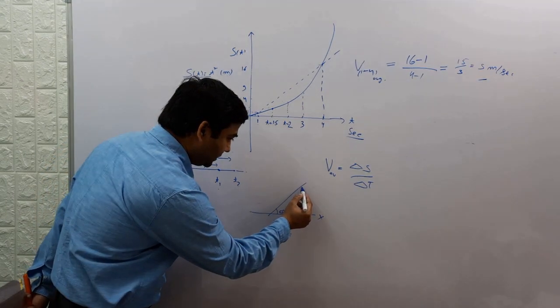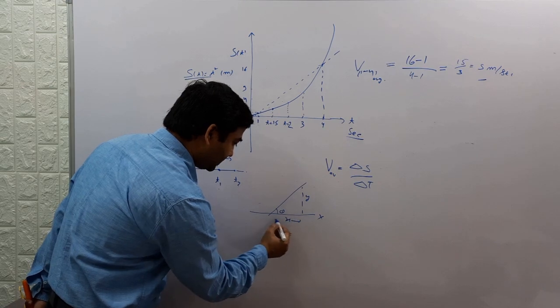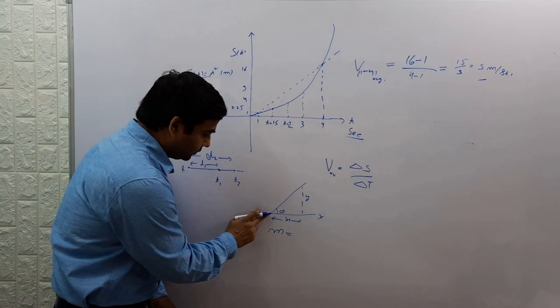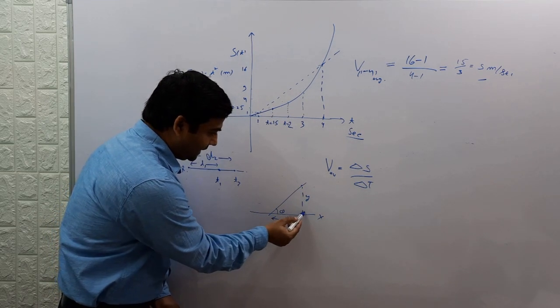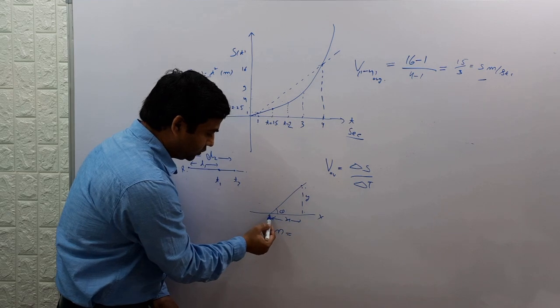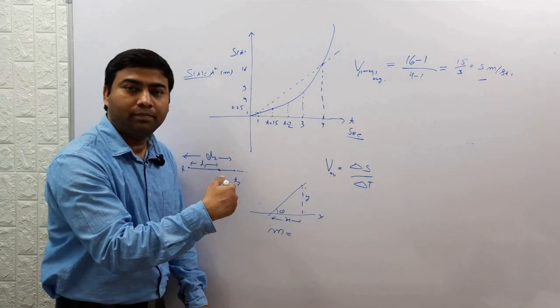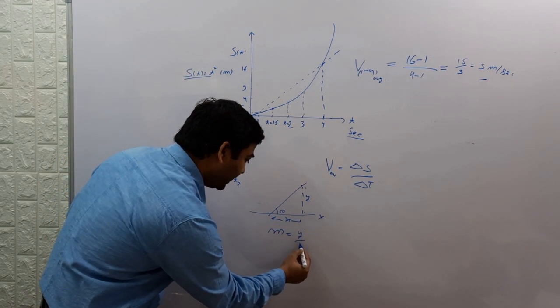Let this distance be y and this distance be x. When we reach this point, the vertical height covered is y and the horizontal distance is x. So the vertical height per unit horizontal distance is y by x.